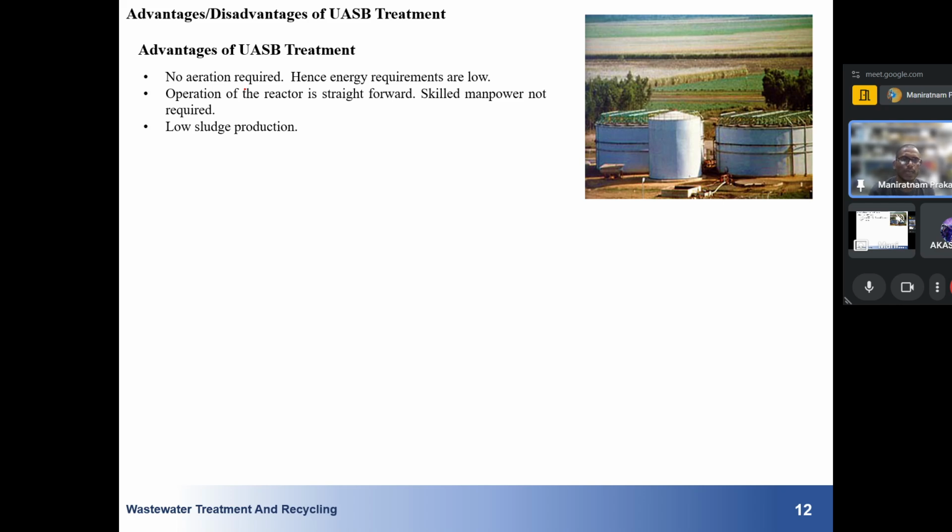At the end of treatment we have several useful bioproducts such as biogas, and after degradation we have useful organic matter which can be used as organic manure.